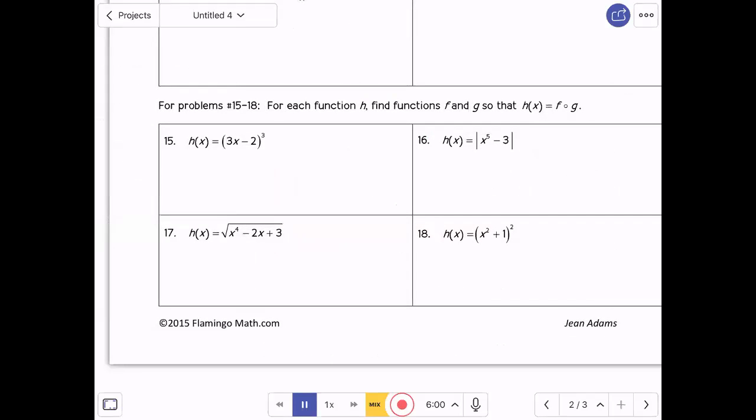For number 15 and 18, we are going to find the functions f and g using the idea that the h function is equal to f composed with g.